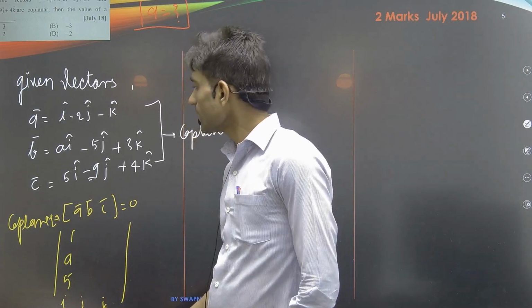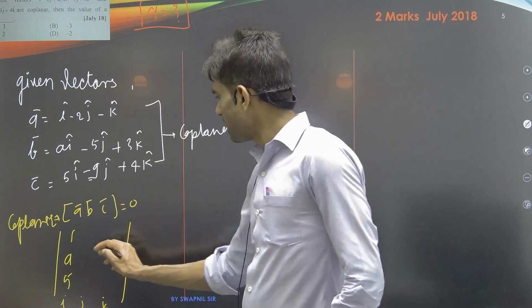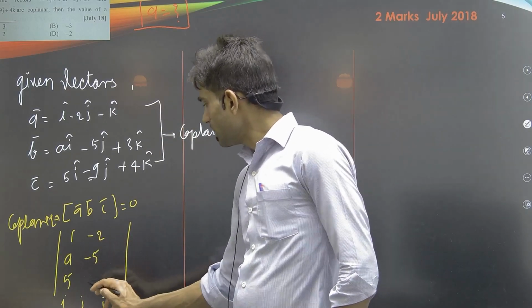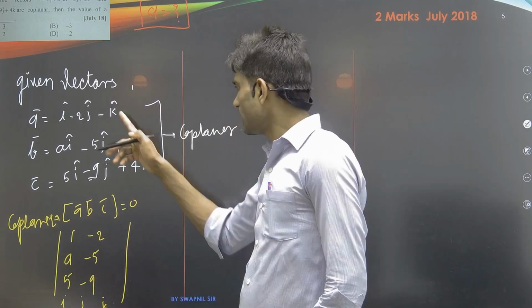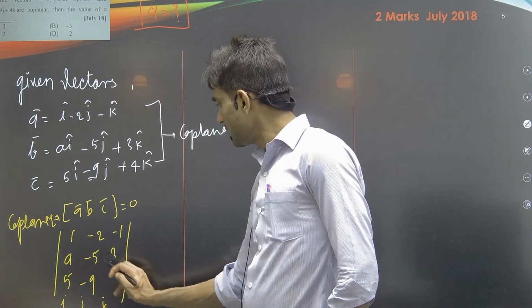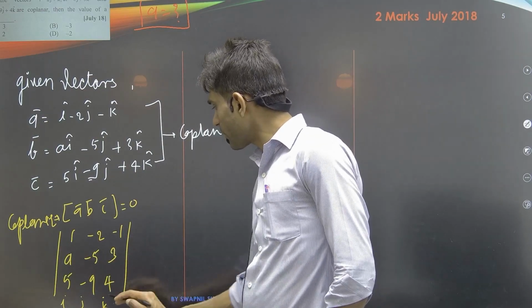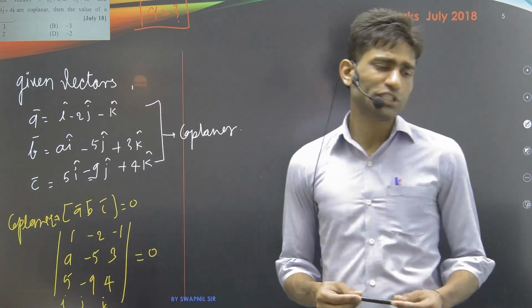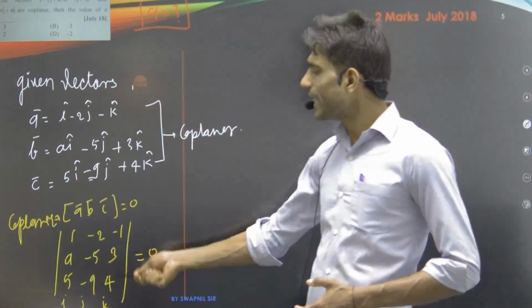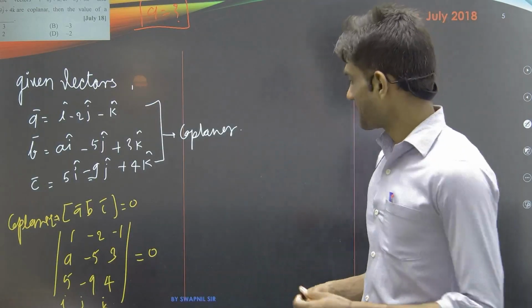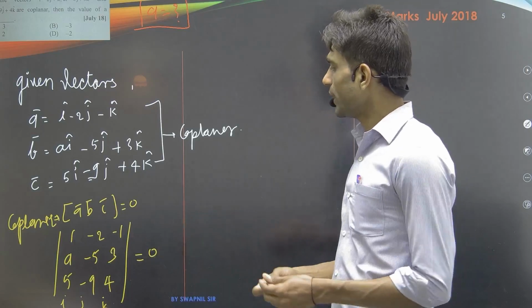Next, the coefficients for j cap are -2, -5, -9. And third, the coefficients for k cap are -1, +3, +4. If the given position vectors are coplanar, we write their determinant equal to 0.